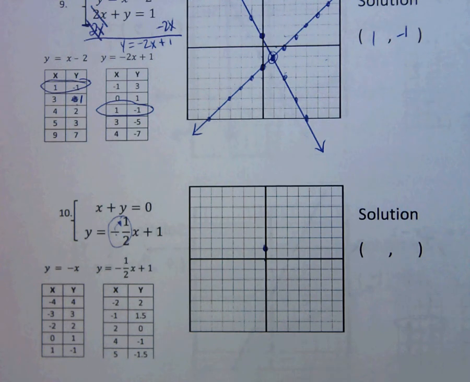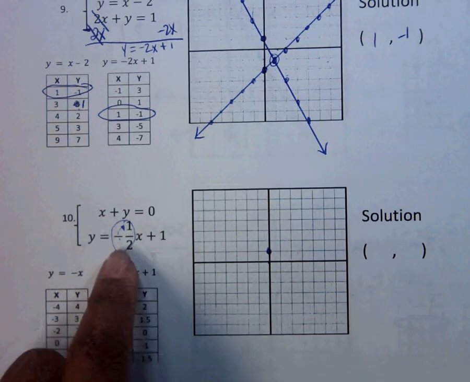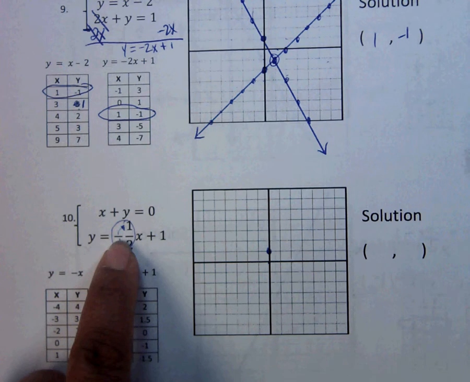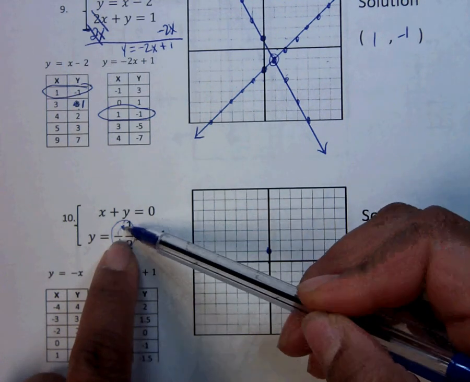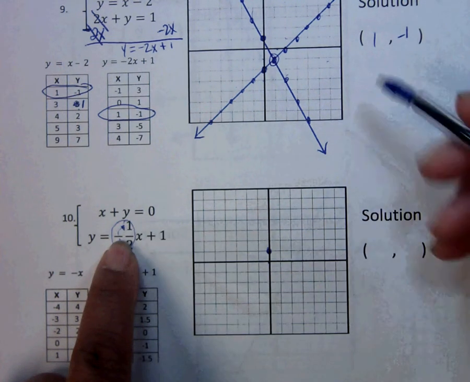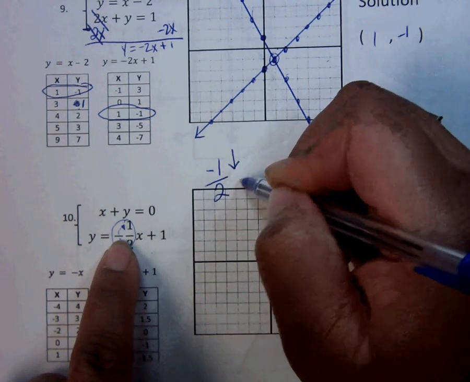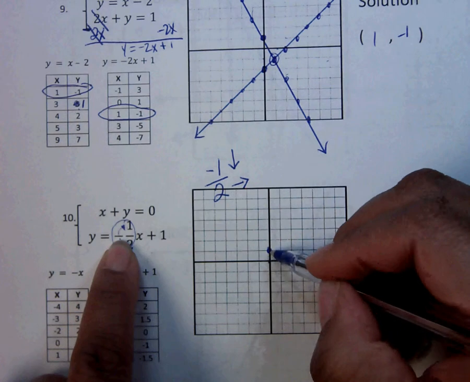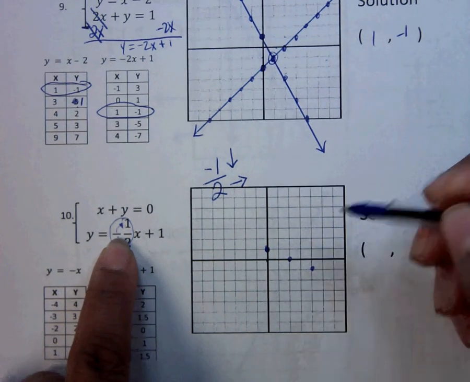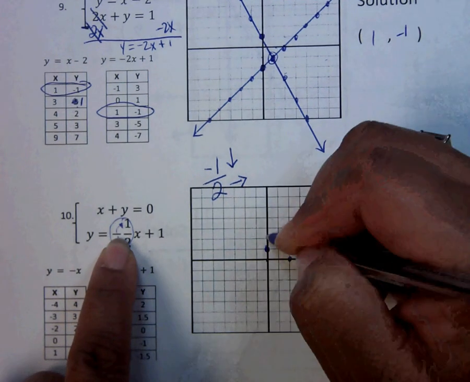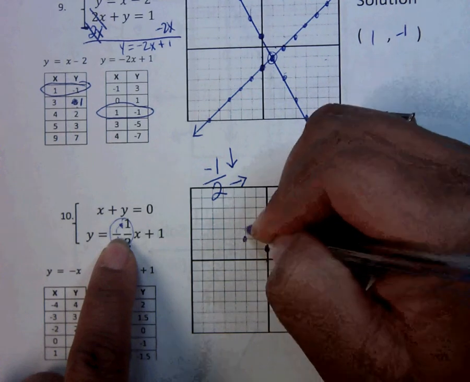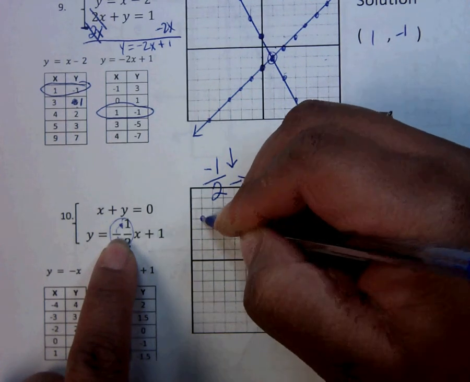Do not write it in both spots. I'm going to just tell you to assign the negative to the top number always. That means -1 over +2. That means down 1 and right 2.